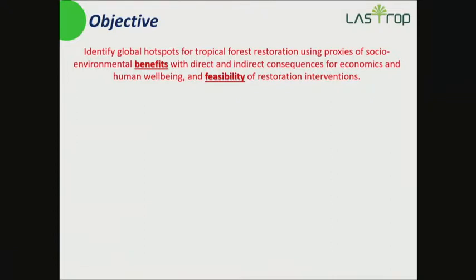So based on this general context, this group of researchers decided it was time to start thinking about hotspots for restoration, where we could achieve the maximum benefits at the same time we minimize the barriers preventing the large-scale implementation of restoration efforts.